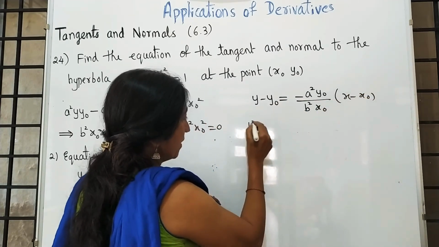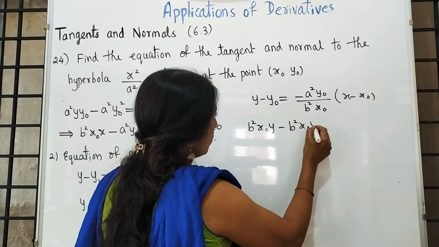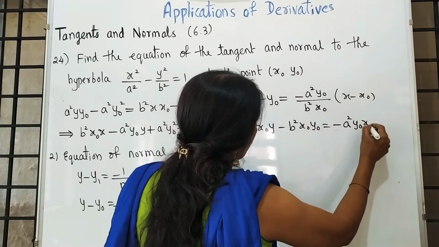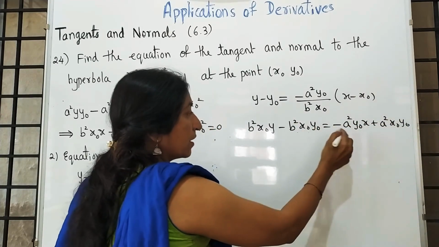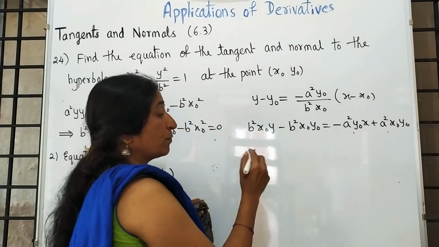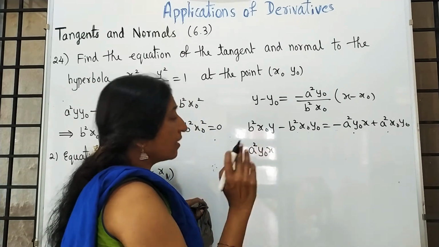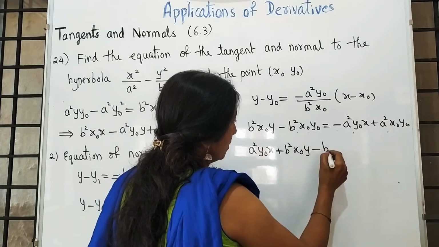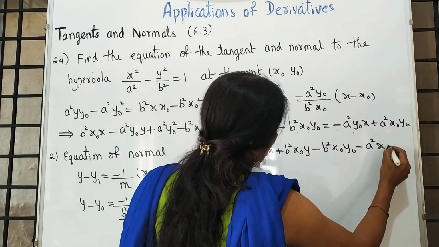Cross multiply. B square x naught into y minus b square x naught y naught is equal to minus a square y naught x plus a square x naught y naught. I am taking these two terms on left side because x square is always positive, so it is a standard form: plus a square y naught x plus b square x naught y minus b square x naught y naught minus a square x naught y naught.